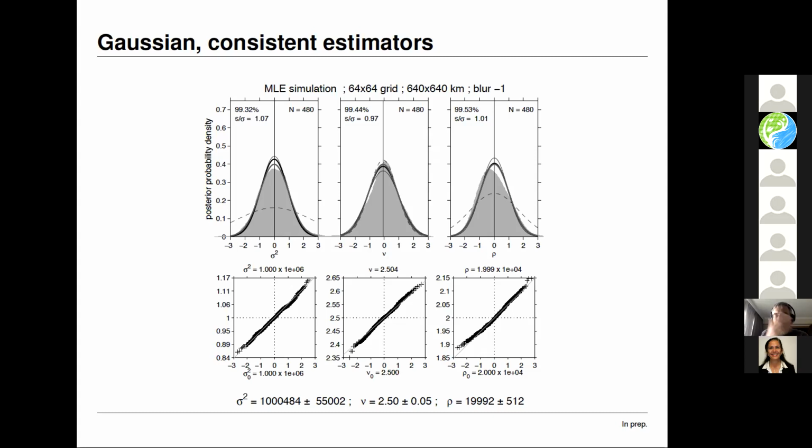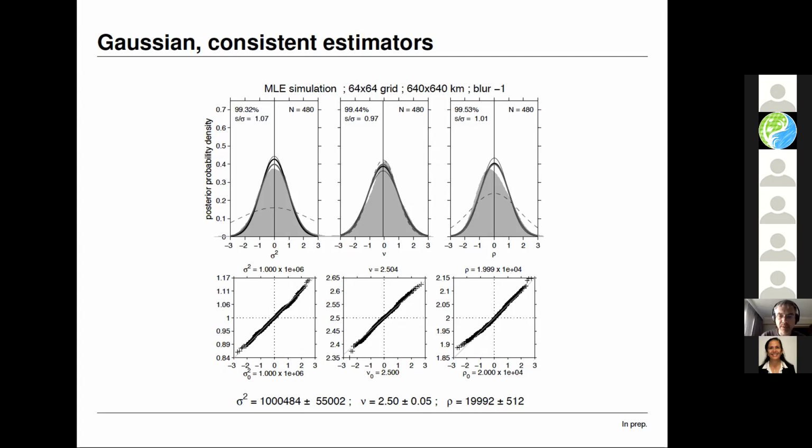Quickly, I'll be talking about things like this. Whenever I say we're doing simulations, we're making synthetics and running optimizations, and we'll always be looking at the three parameters. I'm not going to discuss this in detail right here, but the end of the story is that the estimators we build are good and they are Gaussian, and we are trying to characterize everything we know about them.